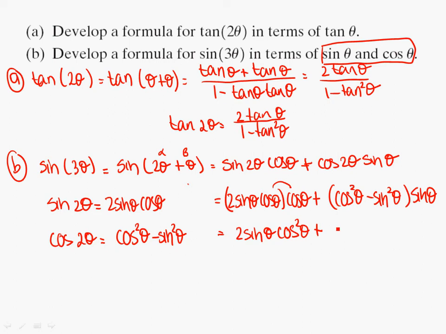Let's see, I'm going to write that in a different order. I'm going to write that as sine theta cosine squared of theta. This way the sine is always mentioned first. Minus sine cubed of theta. Yes?